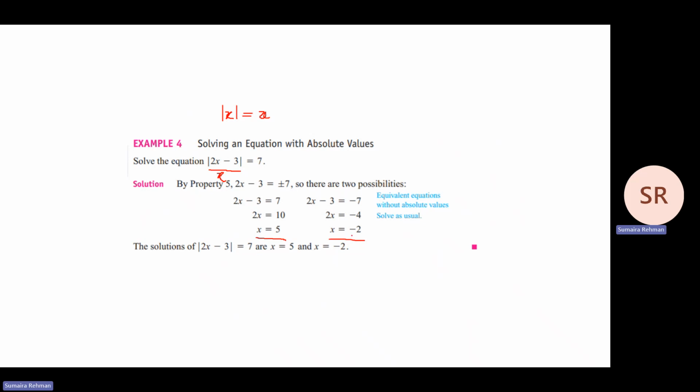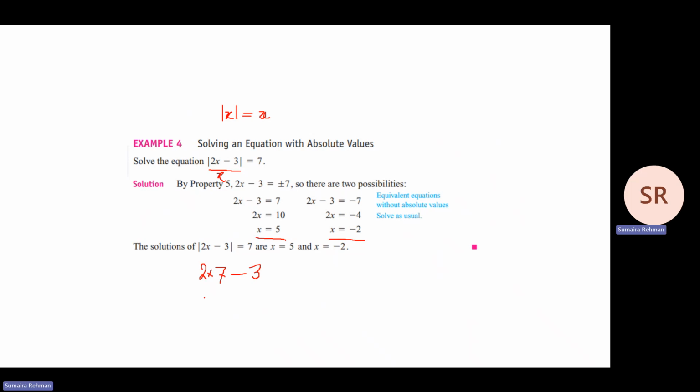And now for negative 2, if you substitute negative 2 here, again you will get 7. So let us check that these are the solutions, they must satisfy.